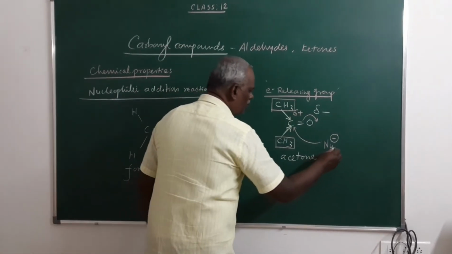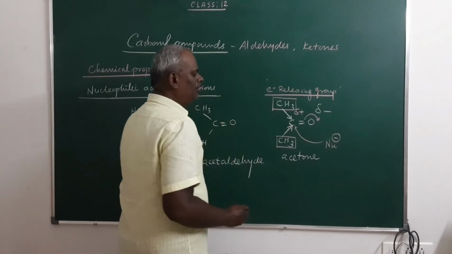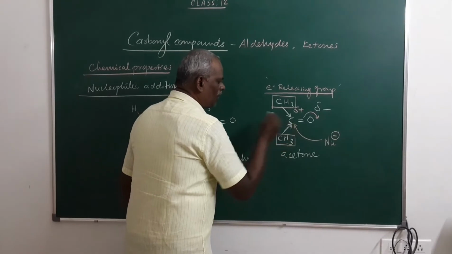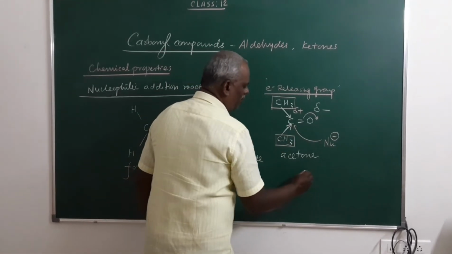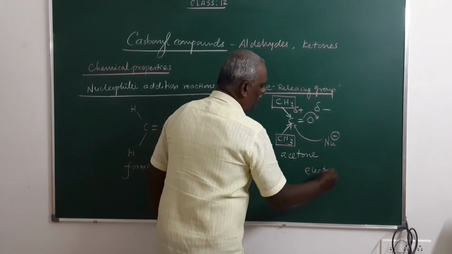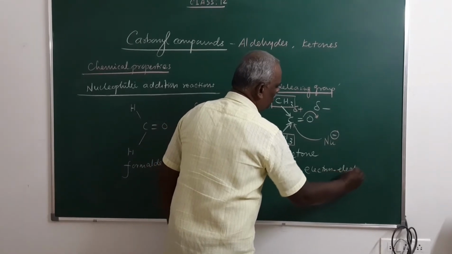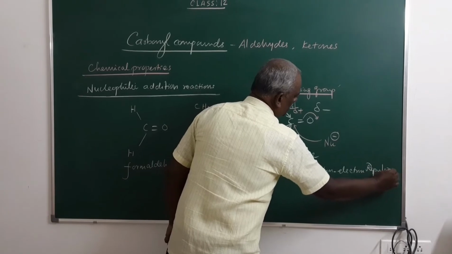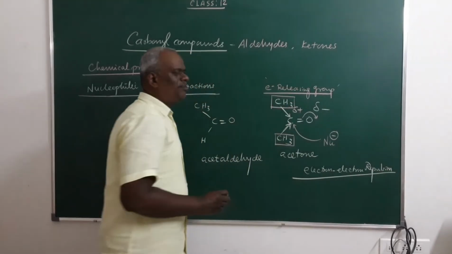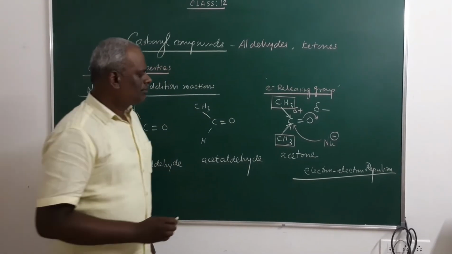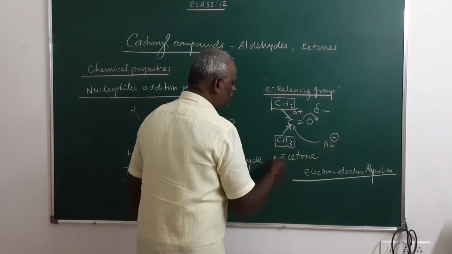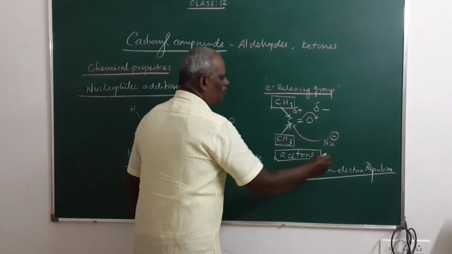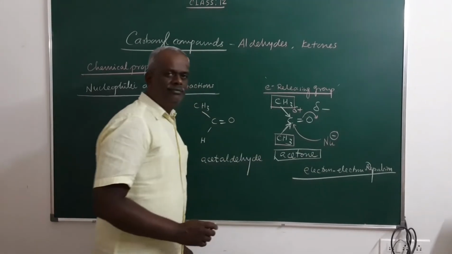So when the nucleophile is attacking this carbon, the nucleophile is carrying minus, and this carbon is also electron rich. So what may happen there? There will be a chance of electron repulsion, negative sign repulsion. That's the reason why this acetone may have lesser reactivity with the nucleophile.